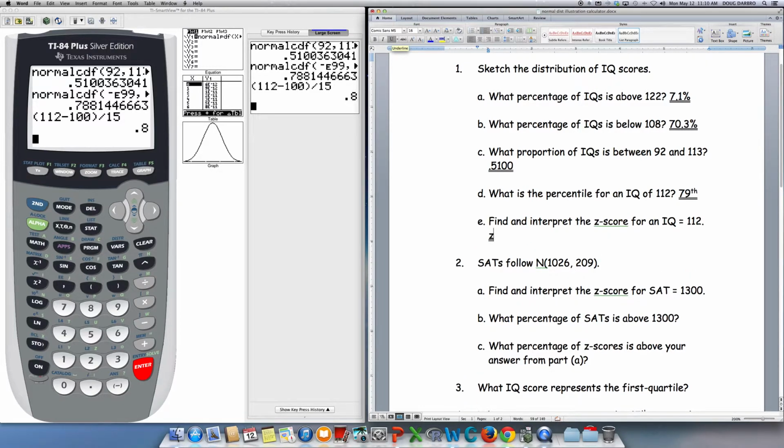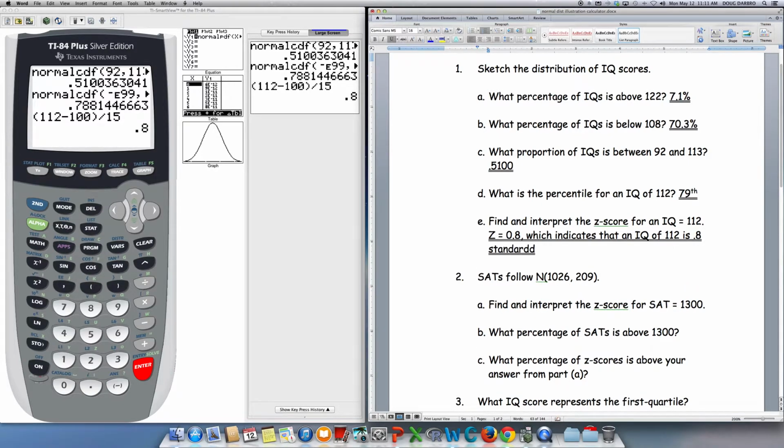So the Z-score is equal to 0.8, which indicates that an IQ of 112 is 0.8 standard deviations above the mean. Okay.